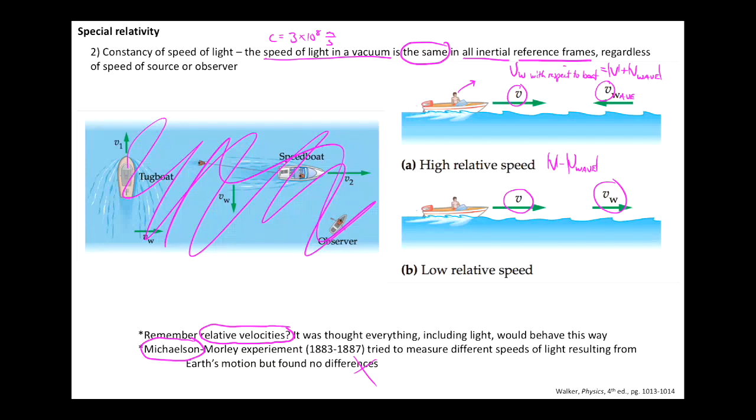Yeah. Okay? This leads to weird things. How do you measure velocity? What are the two things that you're going to have to measure to calculate a velocity? Distance and time, right? So velocity is distance over time. If I'm moving with respect to the thing that I'm measuring and someone else is not moving with respect to the thing we're measuring and we get the exact same result, well, that means something's wrong with distance and time.